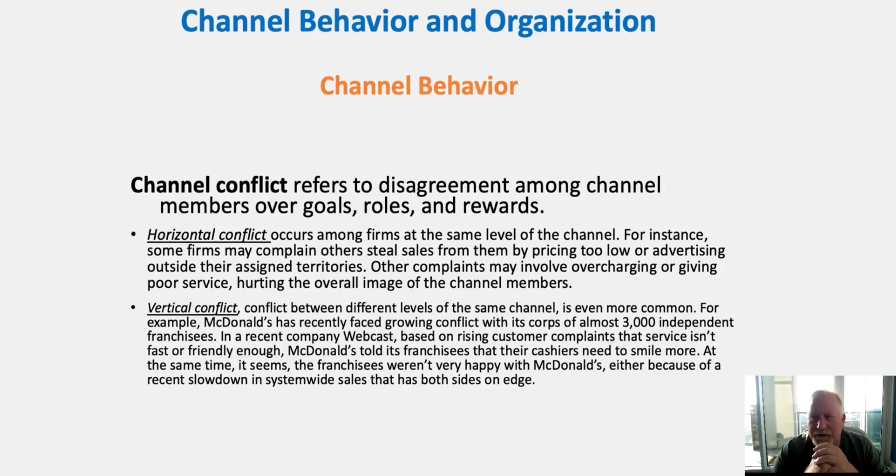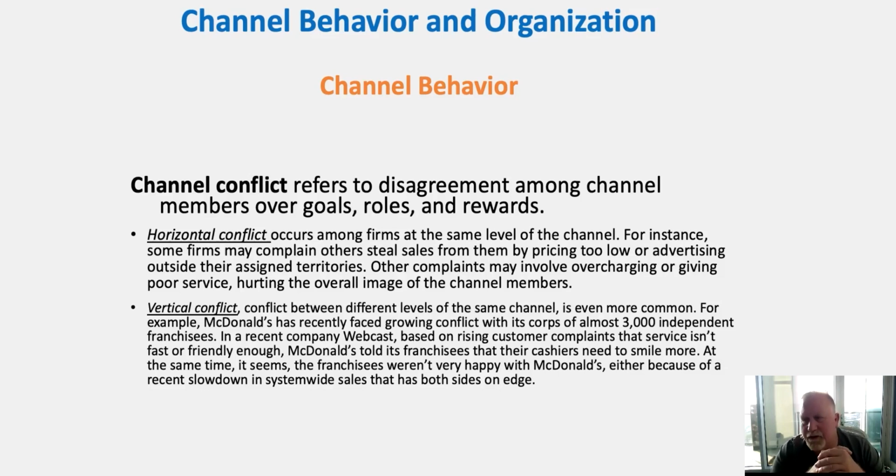Oftentimes, what people will do is they will work these dealerships against each other to try to get the best price for an Audi. So you might call Audi Central, Audi North Houston, and Audi South Houston and try to get the best price on a new Audi Q5 sedan, SUV. So you might call up and say, I'm really looking for this Q5 SUV.